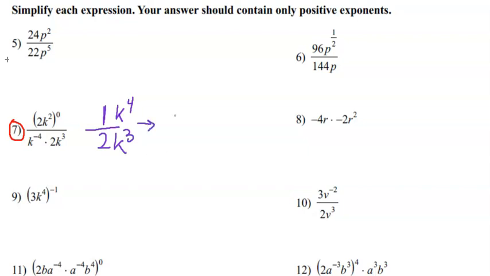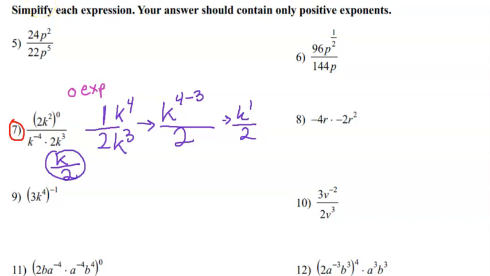Now from there, we're going to have k to the 4 minus 3, and then we still have it all over 2. We're going to bring the k up at the top so that we have all the variables together. 4 minus 3 is 1, so you have k to the first power over 2. So your simplified expression is k over 2.